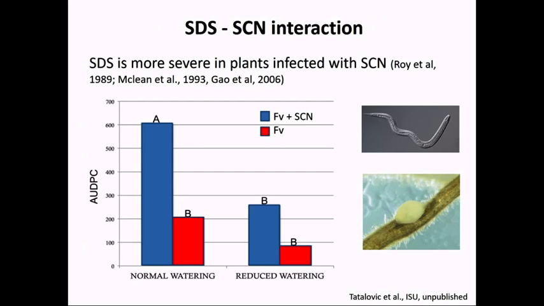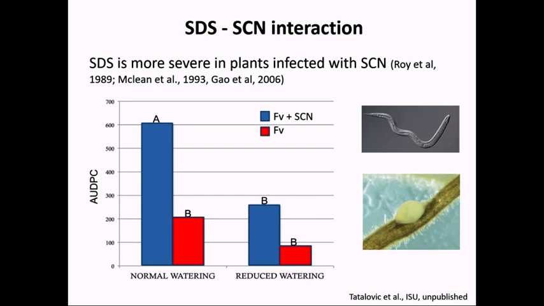Another really important environmental interaction that happens is with the soybean cyst nematode. As you know, soybean cyst is in almost every field in soybean producing regions, and it's also well known that when soybeans are infected by the cyst nematode, you tend to see more severe SDS.